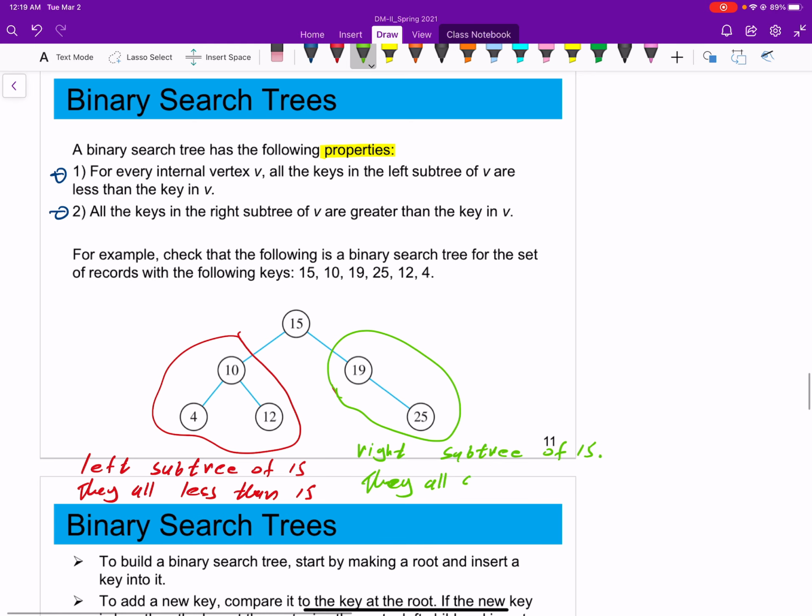They are all greater than 15. All right, which is given in 2.